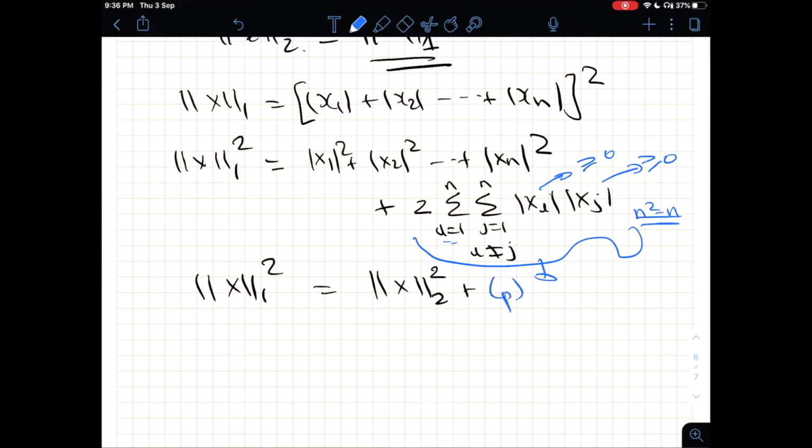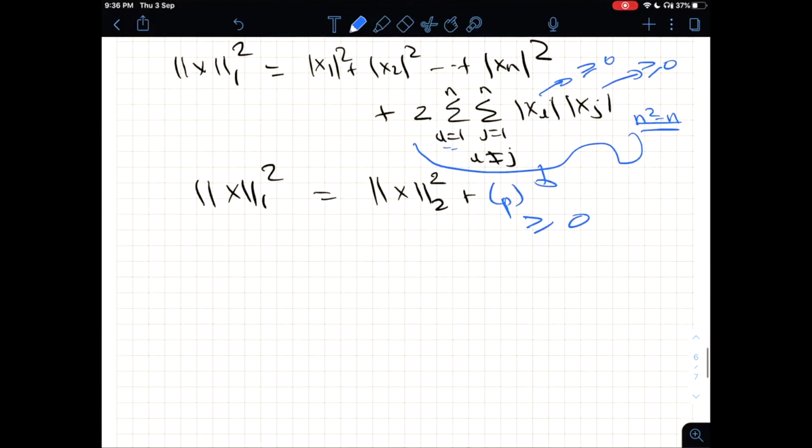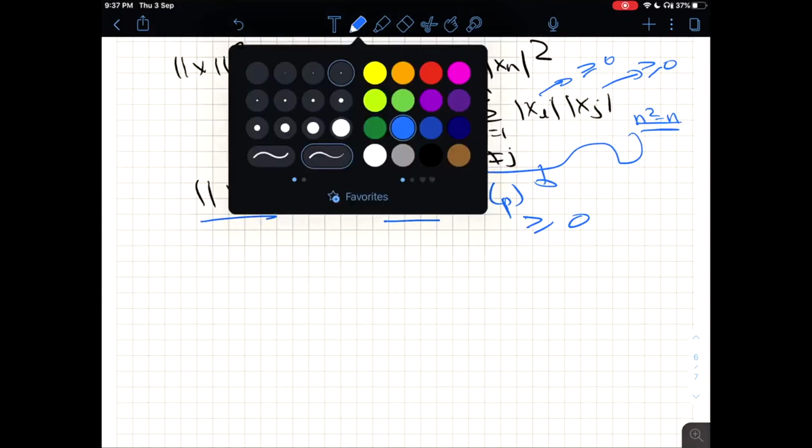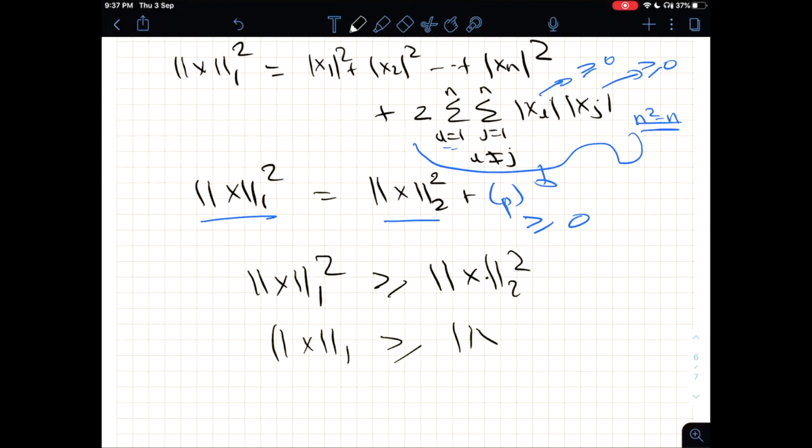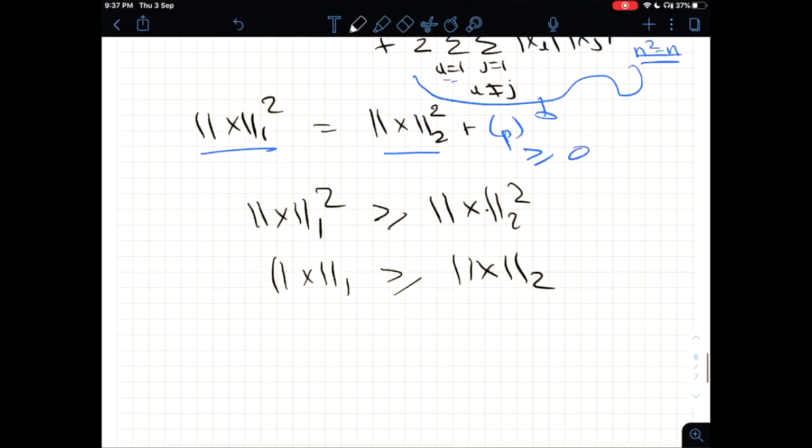That means to the square of the second norm, I have to add a non-negative number, and then I will get the square of the first norm. So it is very clear then that this is going to be greater than or equal to the second norm square, or by taking positive square root, I can write like this.